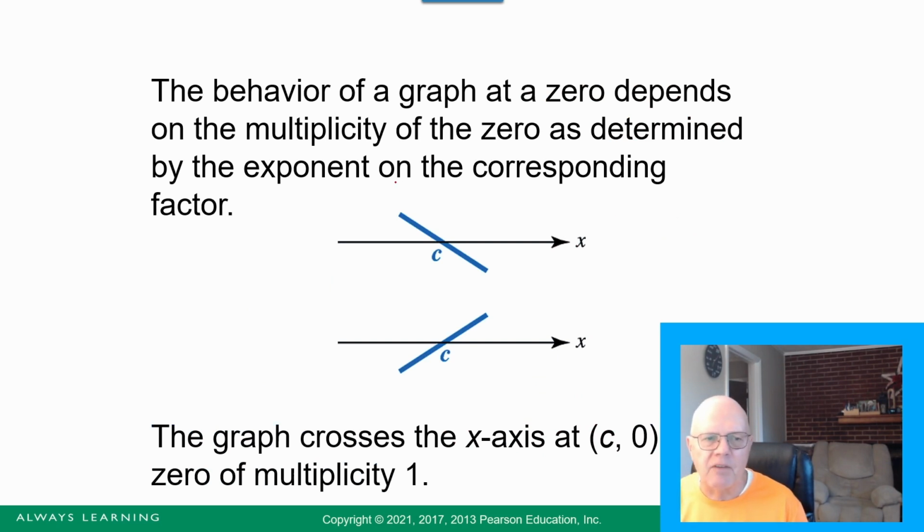Now, behaviors. The behavior of a graph at a 0 depends on the multiplicity of the 0. So it depends on the exponent. The graph crosses at c, 0 if c has multiplicity of 1. So if there's only one of these, then it's going to cross the x-axis right there.